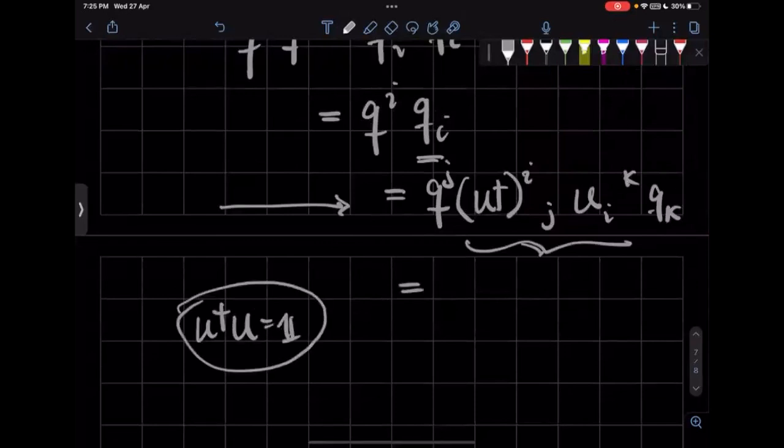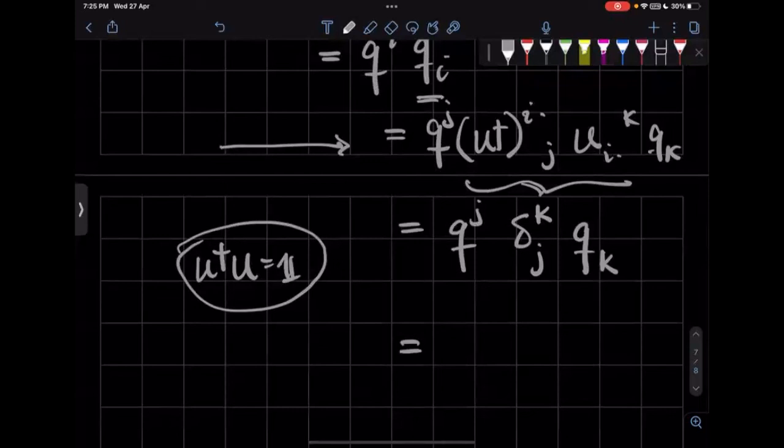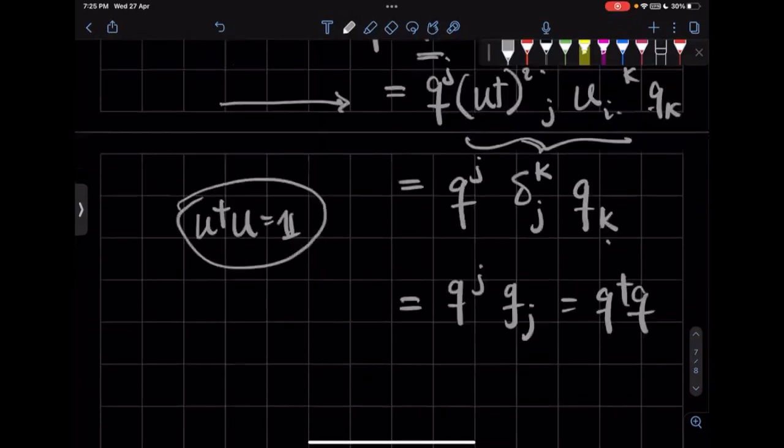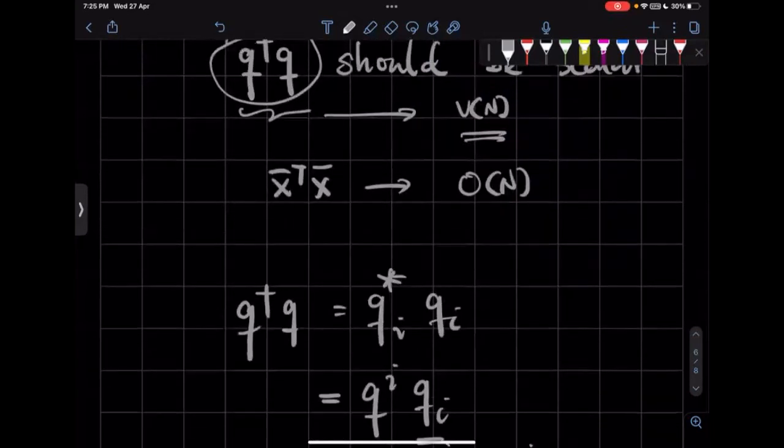So we can replace this by QJ delta. The sum is over the I index, so we have K index and a J index left over in the delta, and there we have Q of K. Using the Kronecker delta, I can turn K into J, so we get Q of J, which is of course Q dagger Q. So we have established that yes, this is indeed a scalar under SUN.